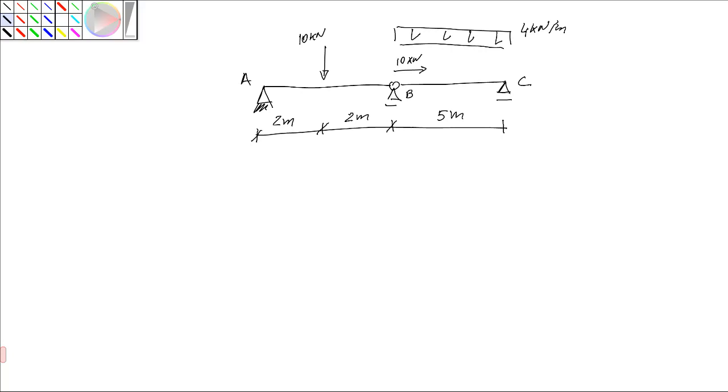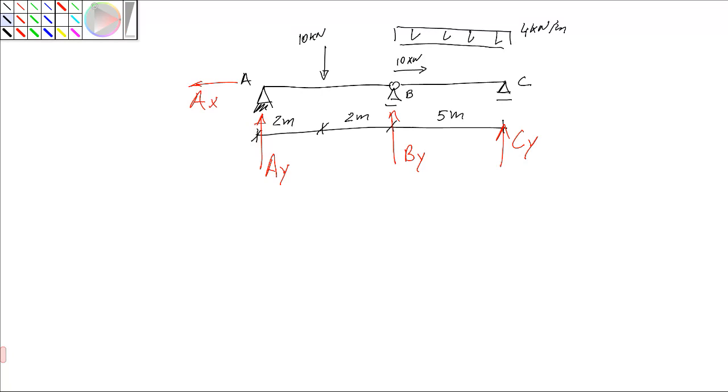So we're going to start by computing the reactions. We have one reaction here, another reaction here, as this is a hinge, and then in this and this support we have only vertical reactions.